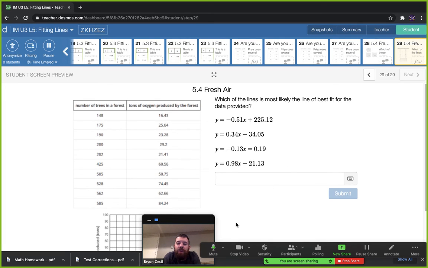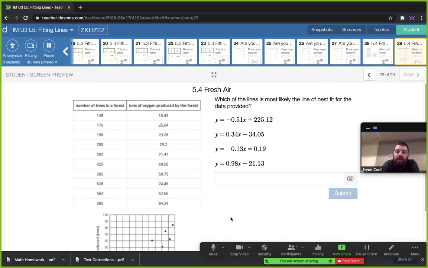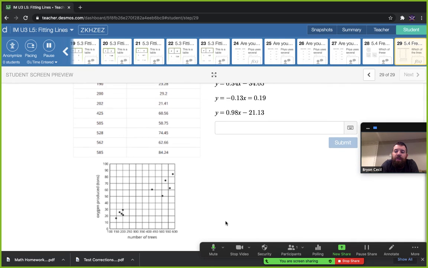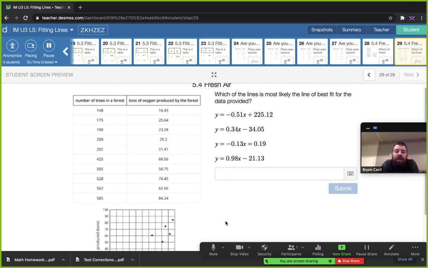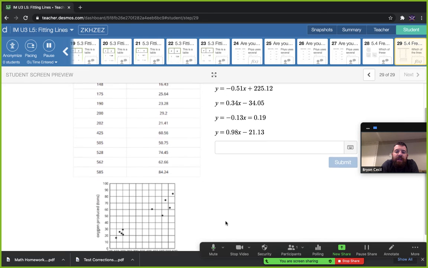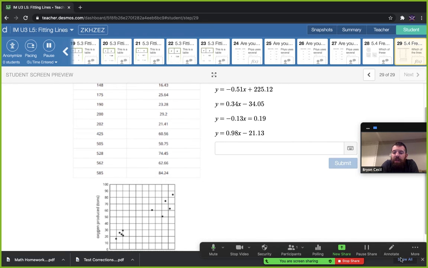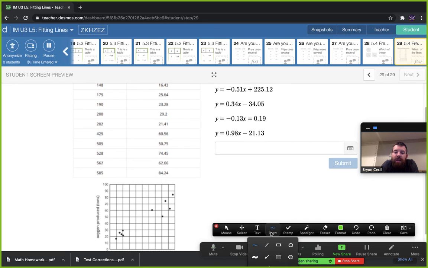And so the last one we would talk about here is here. And so we would say which of these lines is most likely to be the line of best fit for the data provided. Okay, and so we look here, guys, and the main thing that we're really going to look at, okay, is these lines.